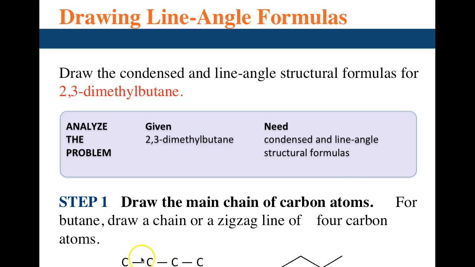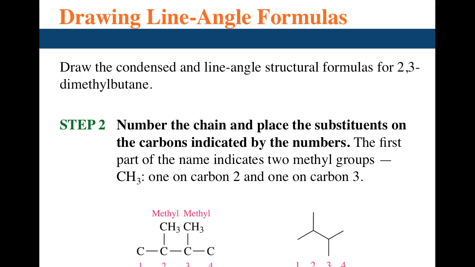Okay, so you can do either the condensed or the line structural formula, or both. Then you know that at carbons 2 and 3, there are methyl groups. So fill that in, and then you can fill in the hydrogens, because end carbons will have 3 hydrogens. Now, each carbon in the middle has only 4 bonds, and is attached to 3 other carbons, so it'll only have 1 hydrogen each.